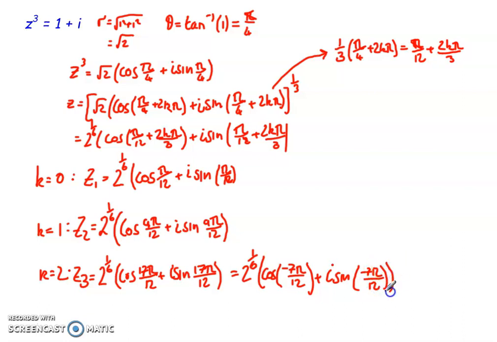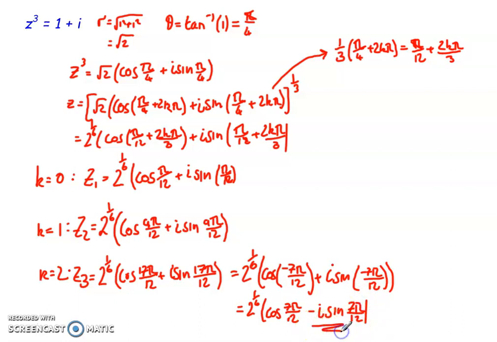Now again, remember, we don't like the negatives in the bracket. They are associated with the angle. So it's going to be 2 to the power of a sixth bracket cos 7 pi by 12 take away i times sine of 7 pi by 12.